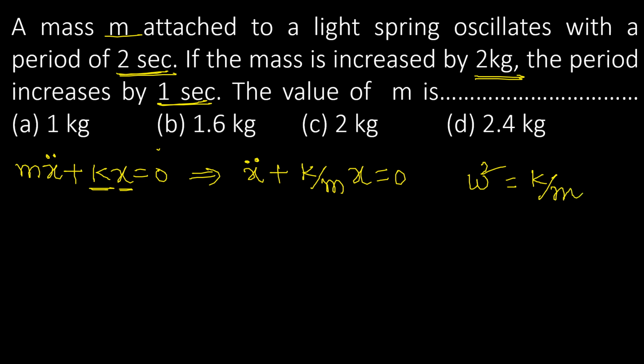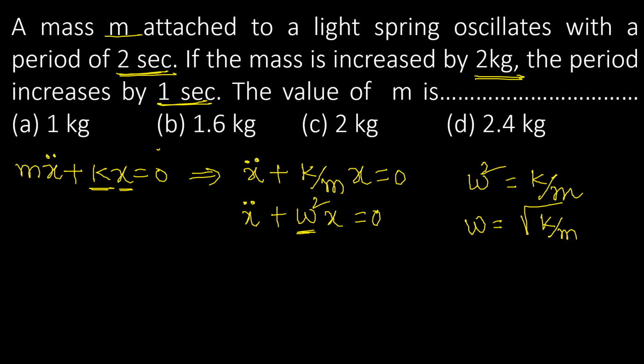So, if we rewrite this, x double dot plus omega square times x equals to 0. Here, the term omega is the angular frequency of the system, which is given by omega equals square root of k by m. The units are radians per second.